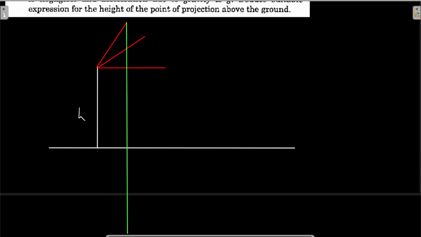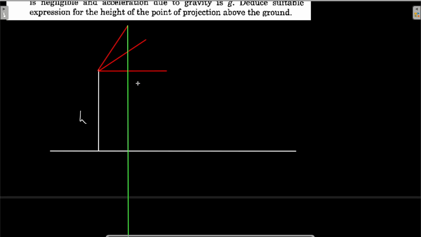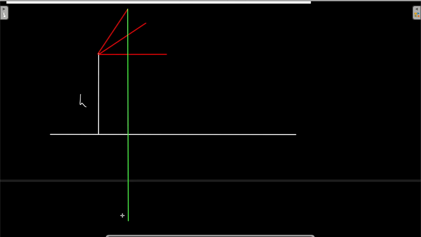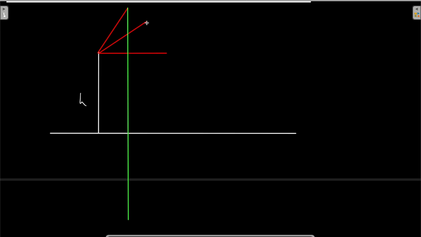See, the gravity vector from the red tip to the ground should be equal to the gravity vector below this ground. Okay, so this one is the displacement vector and this we have as the final velocity vector. We'll copy the same.